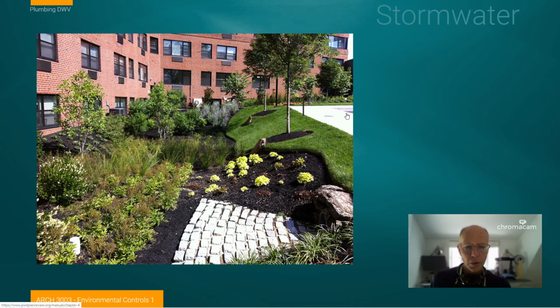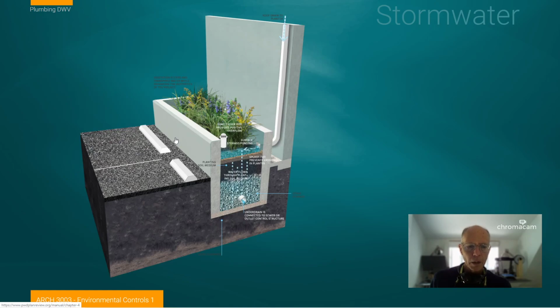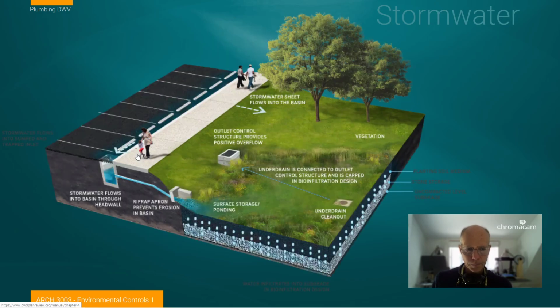Creates a nice buffer between those two areas and just really overall enhances the environment. And you can further that to all kinds of scales. In this case, we have some roof runoff that's being treated in a device that can serve as a planter and also a building buffer between the facade and the parking lot. And this can be carried on to larger and more elaborate schemes.